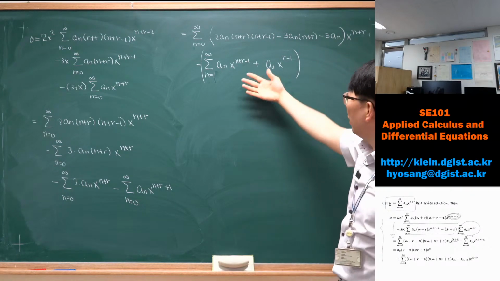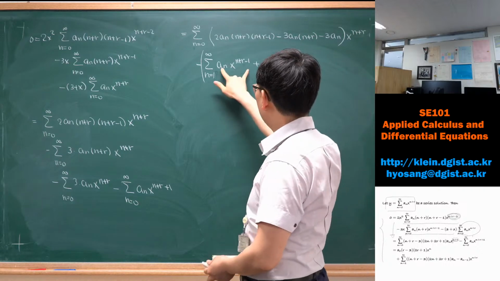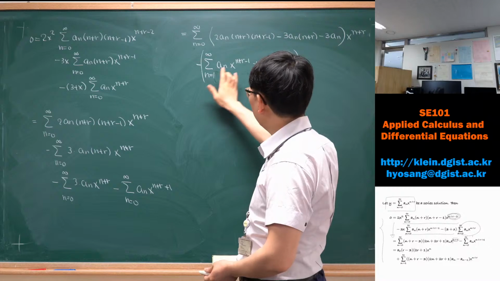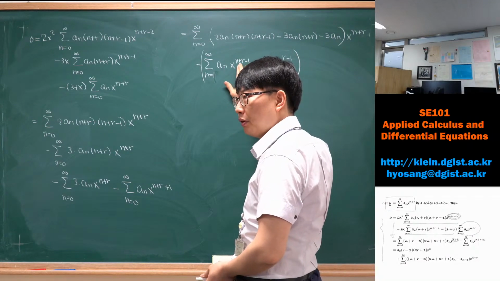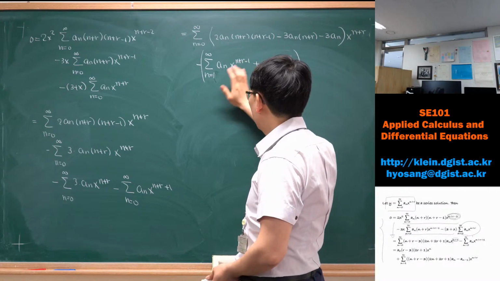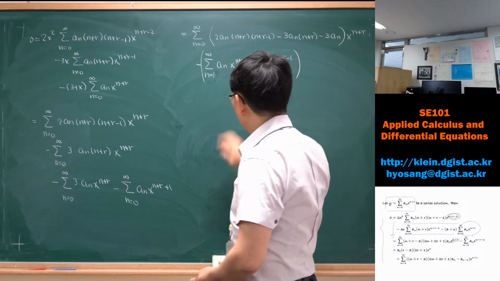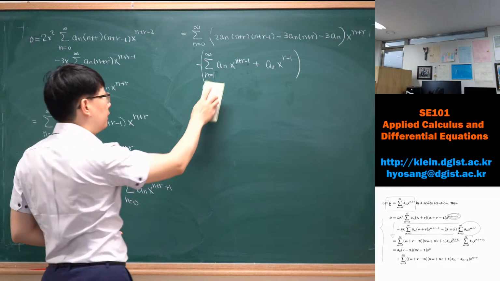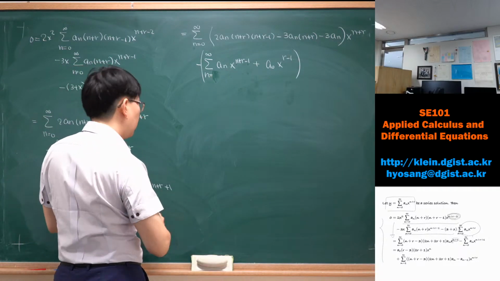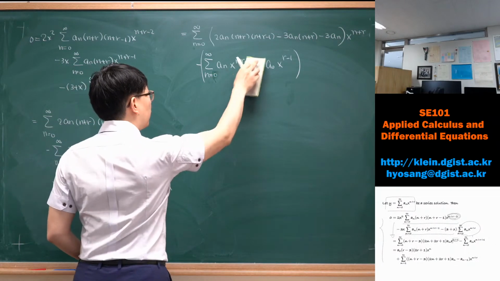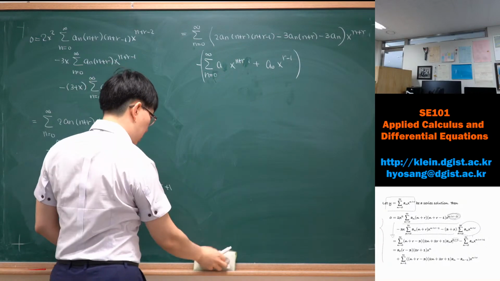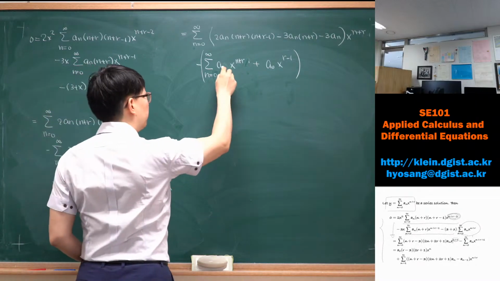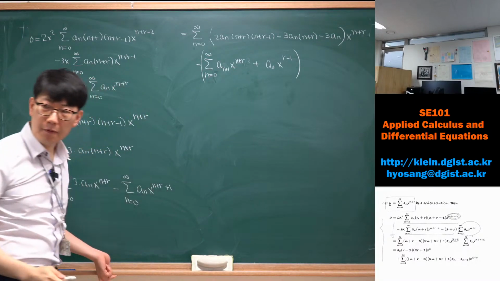Now when it starts from n equals 1, the exponent is r, so I can replace n minus 1 with n. Then n becomes n plus 1.